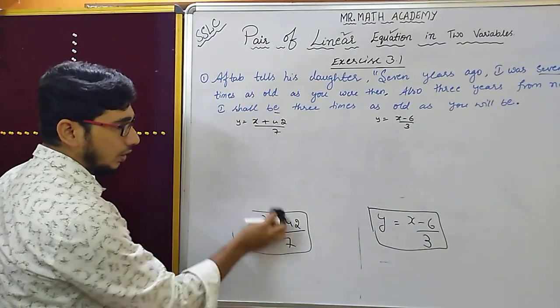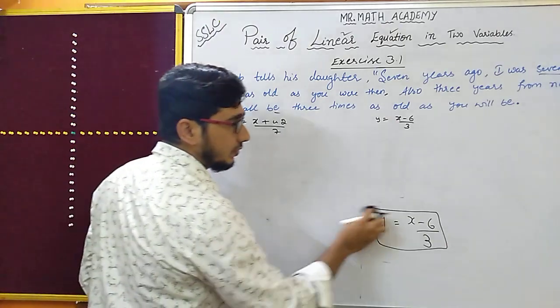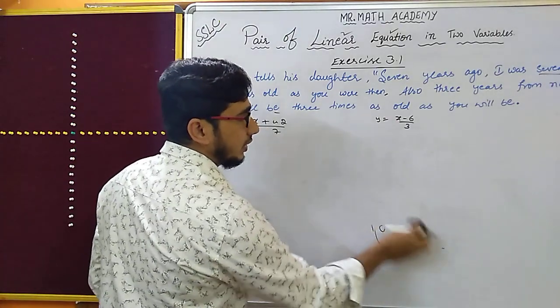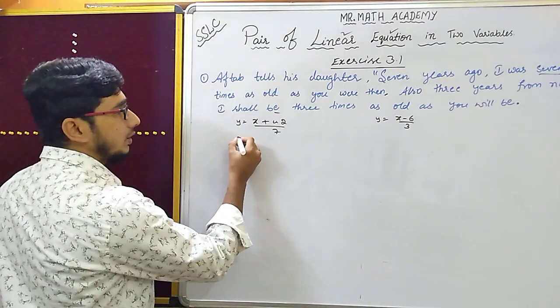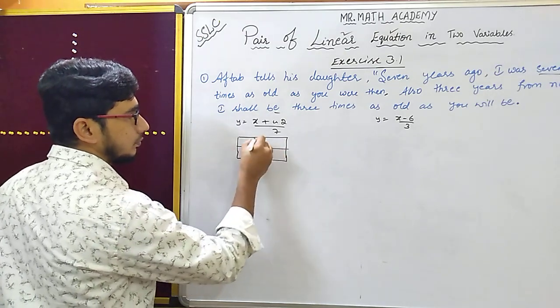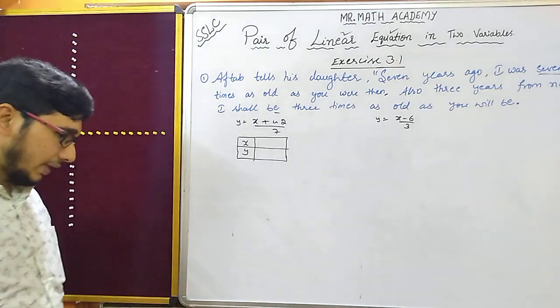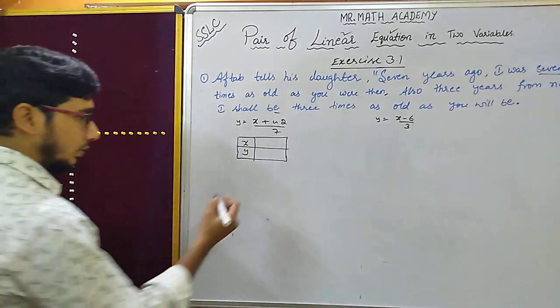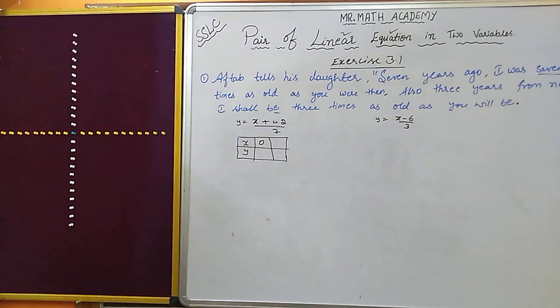Now we have to make a box in such a way that for the respective x values we get y values. So I will take a box here: x, y. You can write any values. For x, you give 0 first. If you give 0, what will happen?